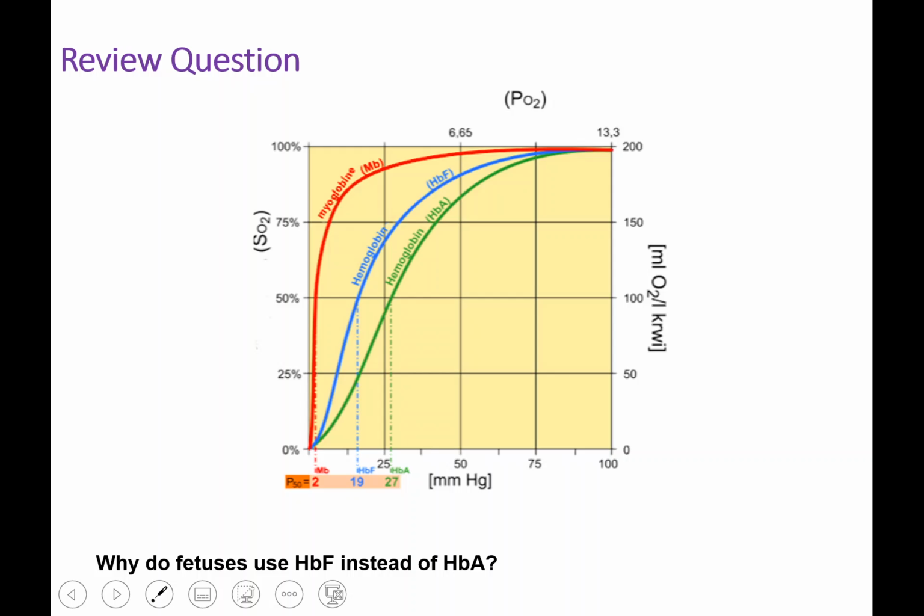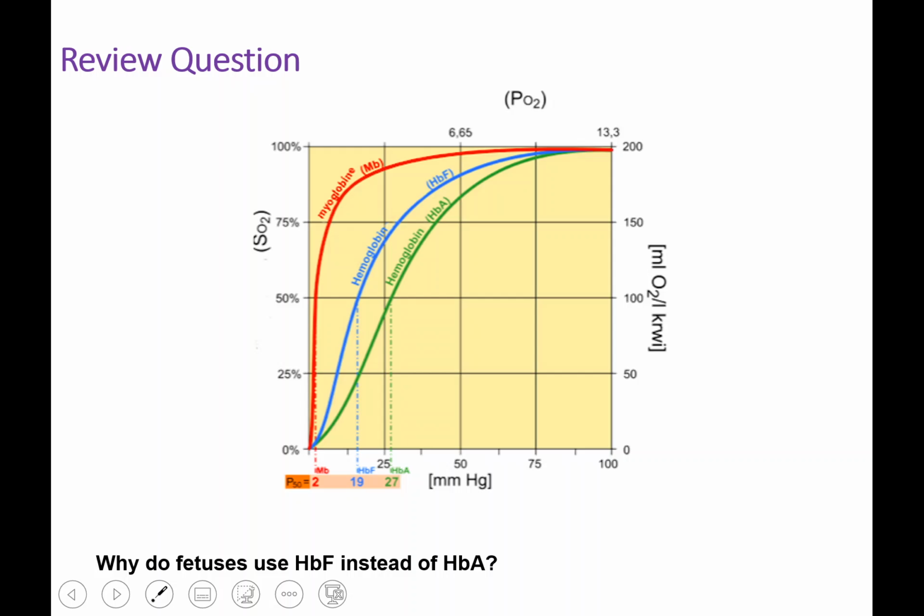Okay. So why do fetuses use HbF instead of HbA? Well, if we look at the curve, does the fetal hemoglobin have a higher binding or a lower binding? The numbers down here are the P50s, and it's a lower number, which means it's binding oxygen stronger.